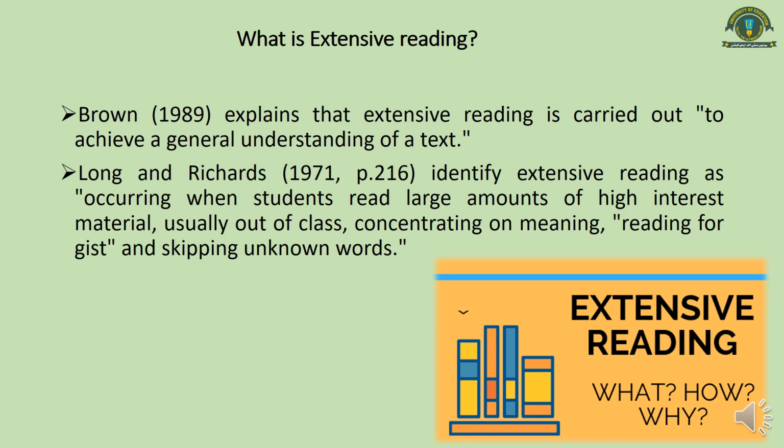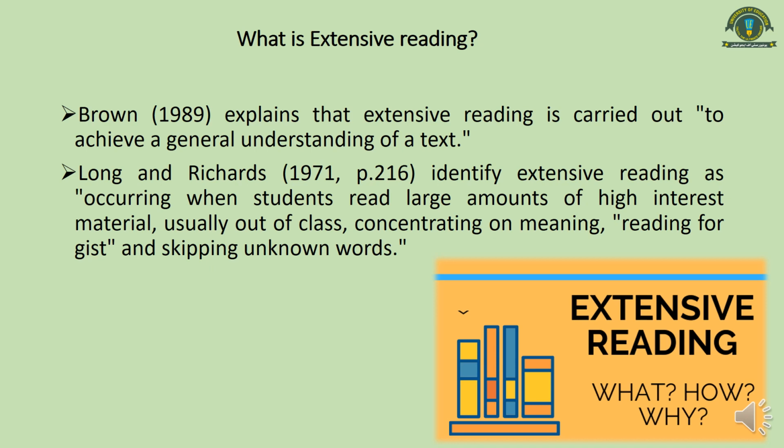In the same way, we get the gist of the material from extensive reading. So that surely means that we are not reading the text word by word, or we're not paying attention to any single word in the reading material. Rather, we're reading to get the main idea or a general understanding.